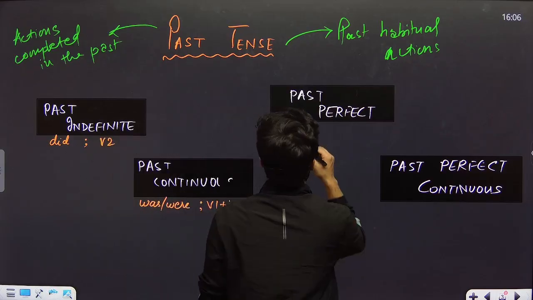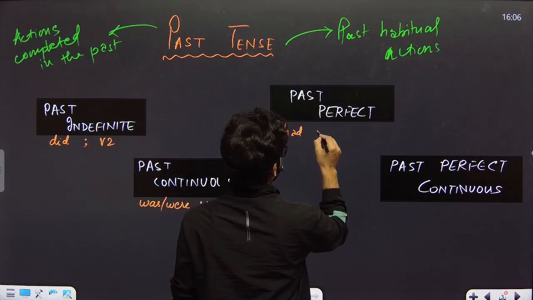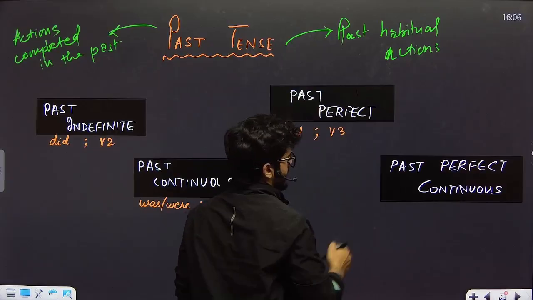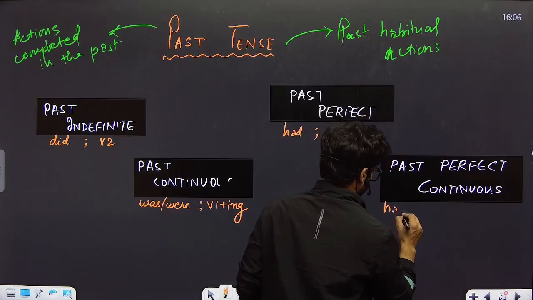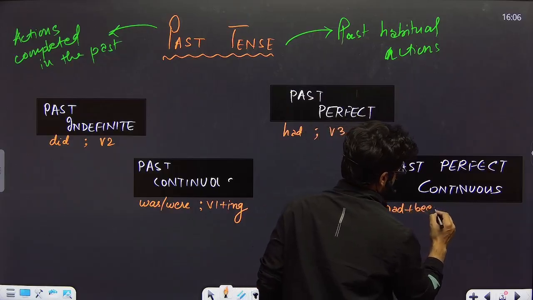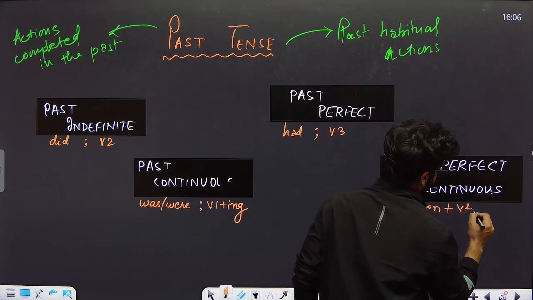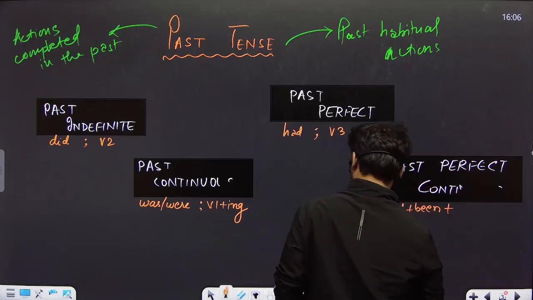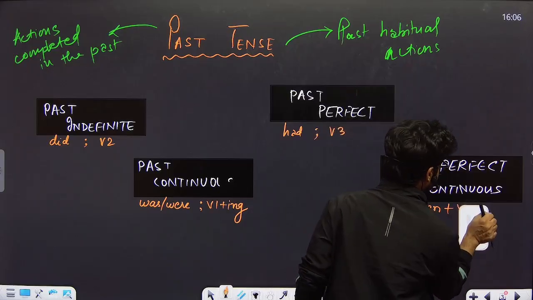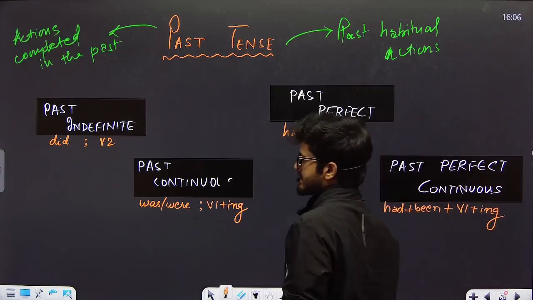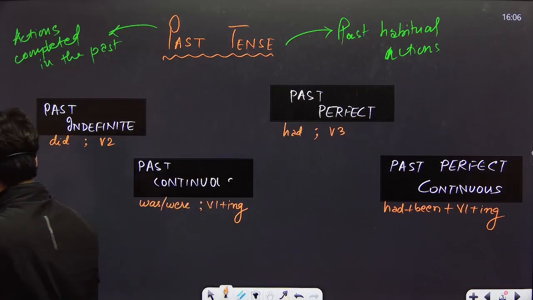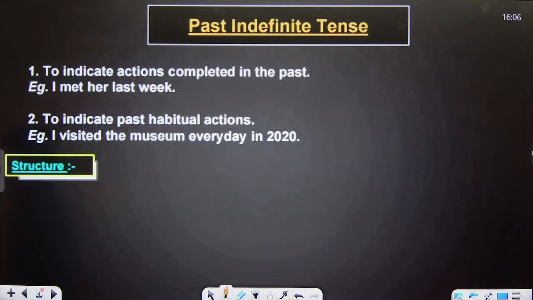Then in the past perfect, you have had and verb 3, and in the past perfect continuous form, you will have had been plus verb 1 plus ing. And certainly time references will be present over there. So without wasting any time, let's quickly start with the past indefinite tense.